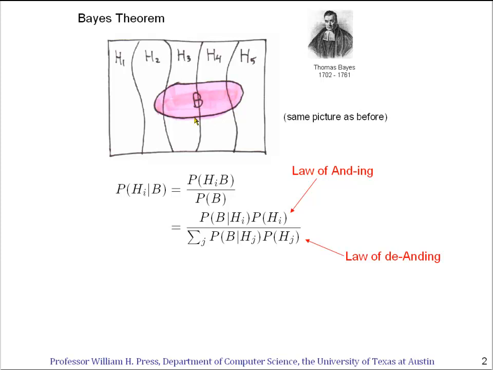And that would be the probability of being in H2 given that we're in B.